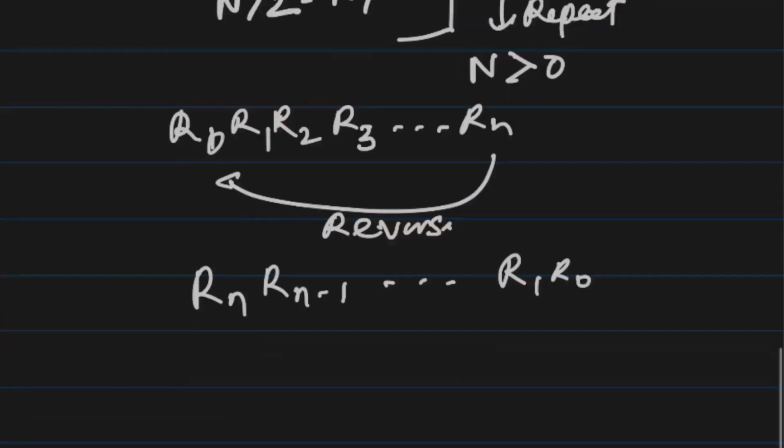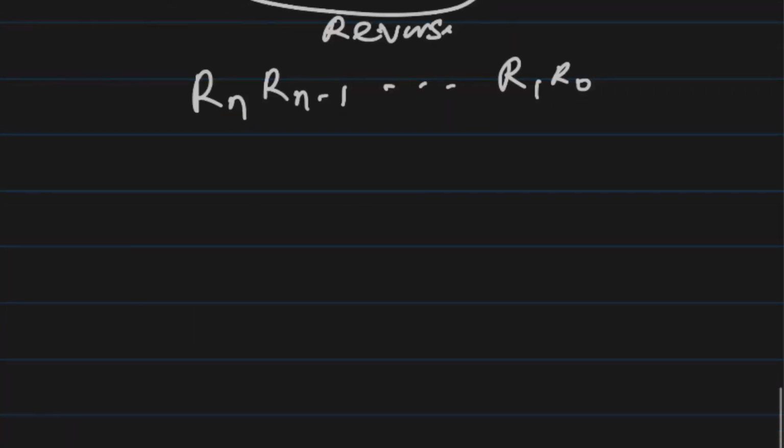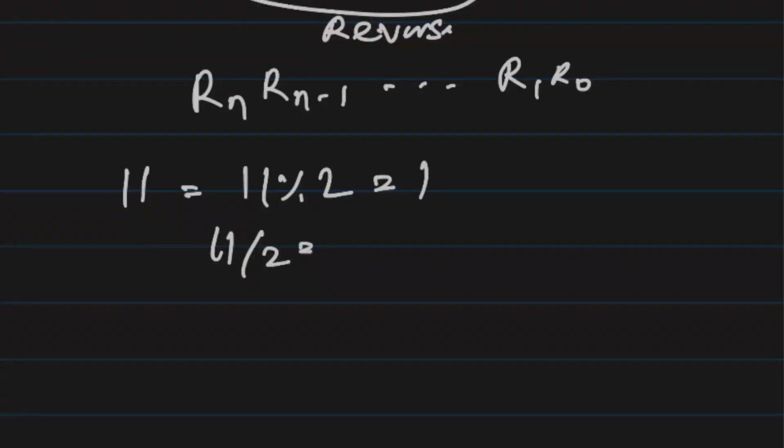So let's understand with an example. Let's say we have 11, right? In the first step, 11 remainder 2 is 1, right? And after that 11 by 2 is equal to 5, right? So 5 remainder 2 is 1, right?